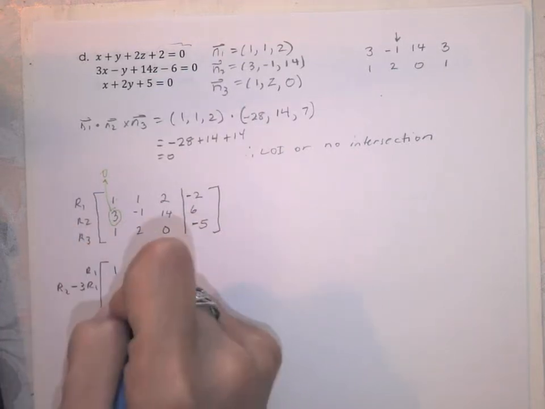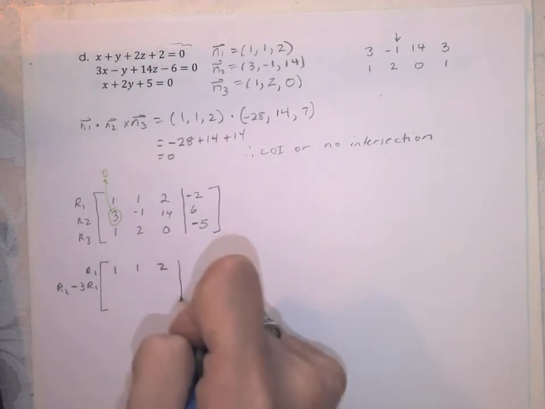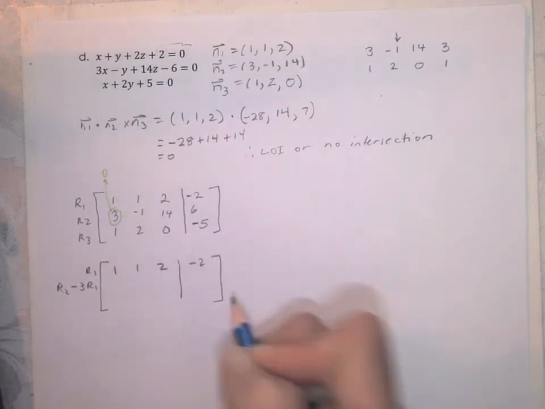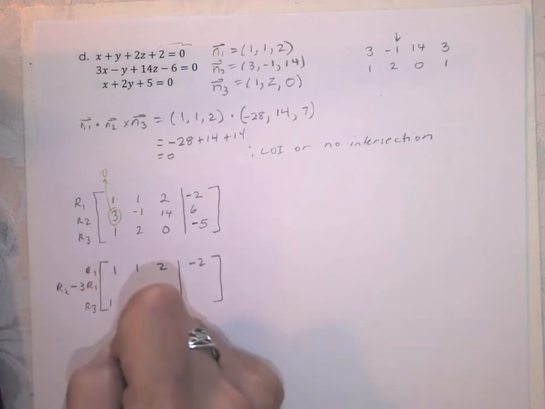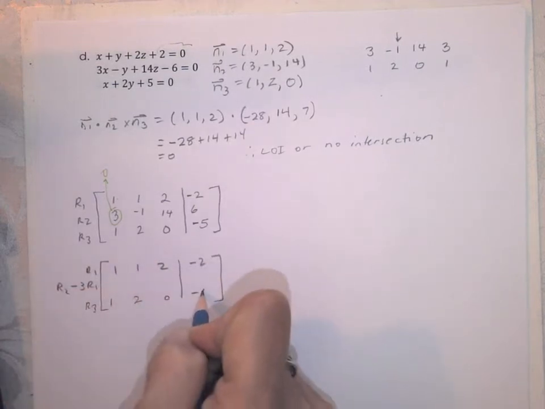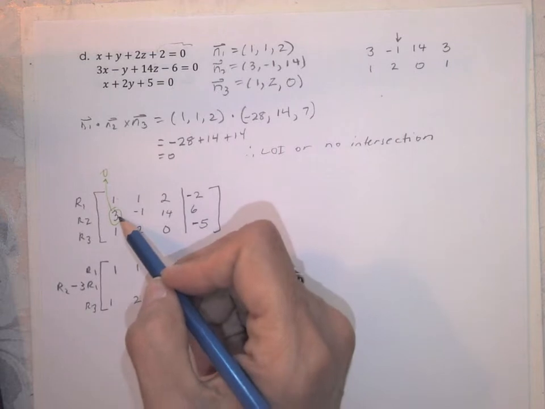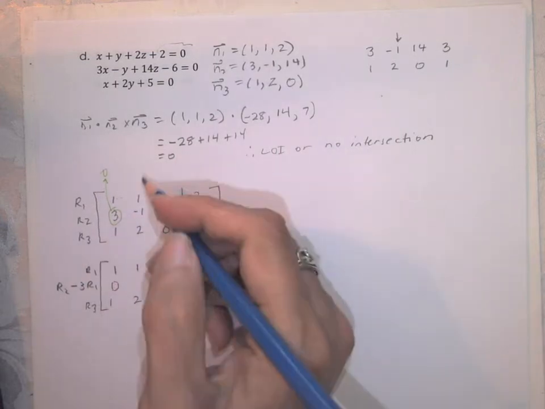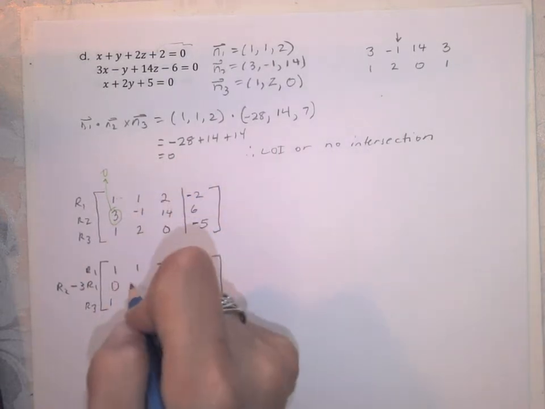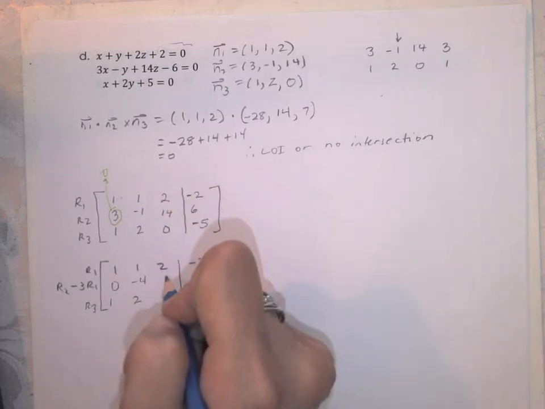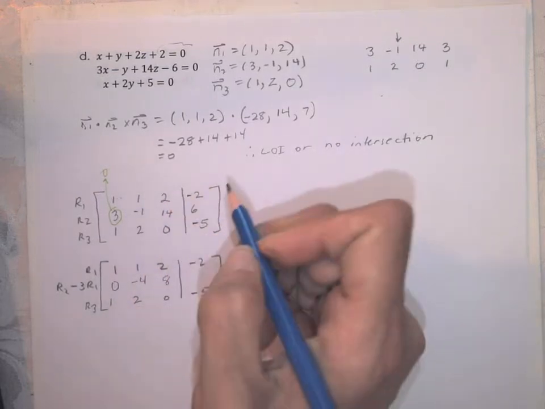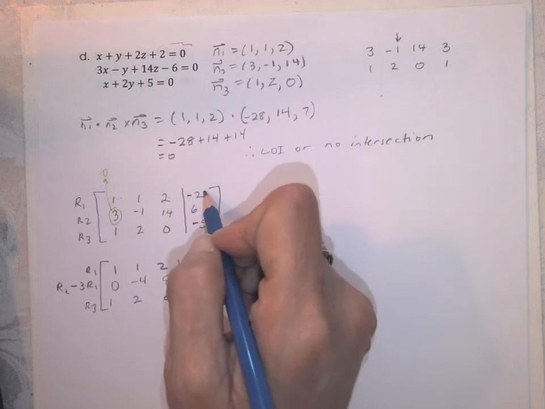Here's row 1 staying the same. And row 3 is going to stay the same for now. So that's going to give me 3 minus 3, which is 0, -1 minus 3, which is -4, 14 minus 6, which is 8, and 6 plus 6, which is 12.